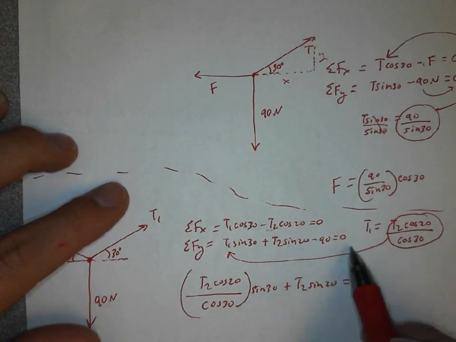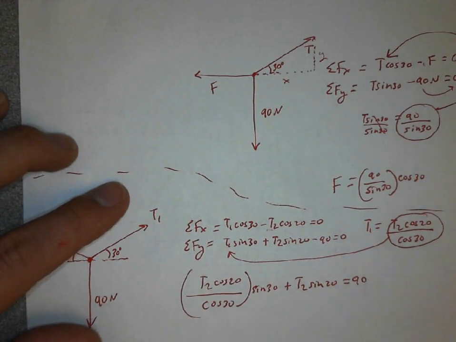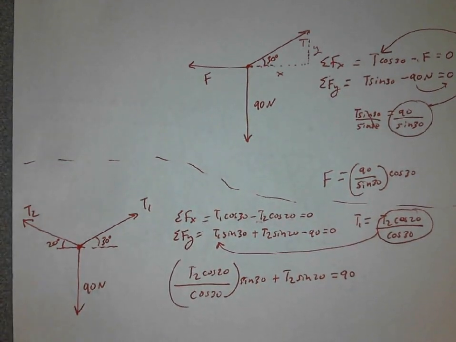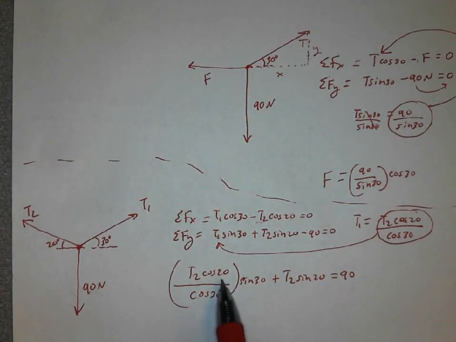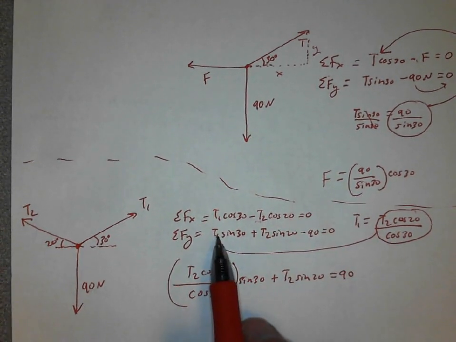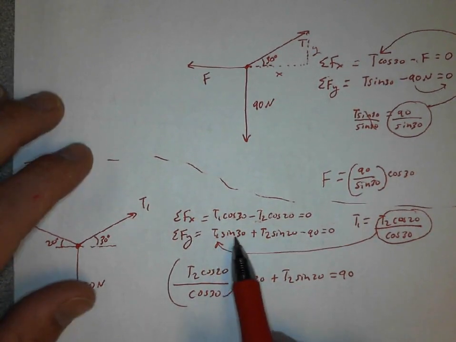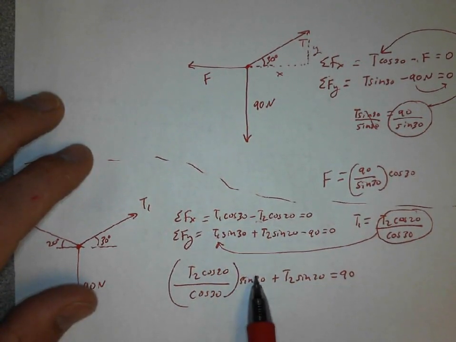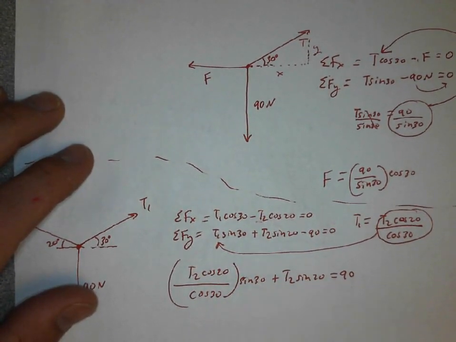And here at the end, I'm going to add that 90 over to the other side. So I get T2 cosine 20 divided by cosine 30. That's that T1, so that's what's right there. And then I'm going to add on just the rest of it: sine 30 is there, plus T2 sine 20 goes here.